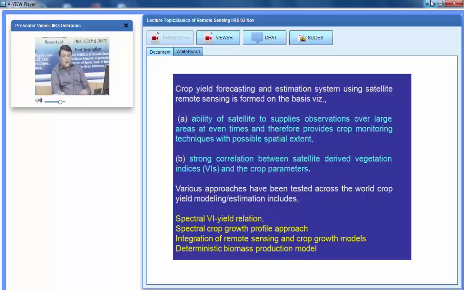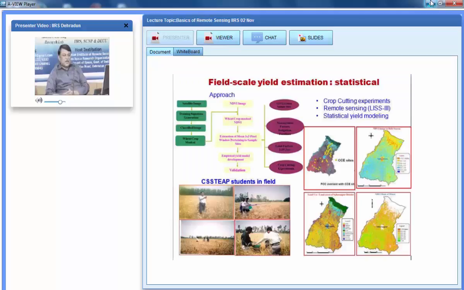One approach we can see here is the crop cutting experiment, a field scale spectral yield model. Here we have tried to develop a field scale approach using at least 3 satellite images. The images are classified for the wheat crop, and wheat crop pixels are used to mask the NDVI image, so wheat NDVI is generated.